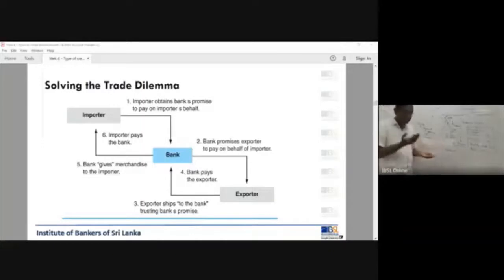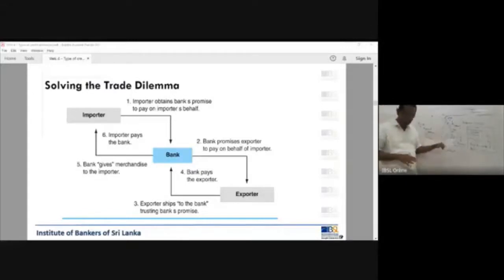Now there is a difference between the LC application and the actual documents we received. Based on this, we go to the importer and ask: we received the documents, but there is a discrepancy between your application and the documents we received. Are you okay to accept?